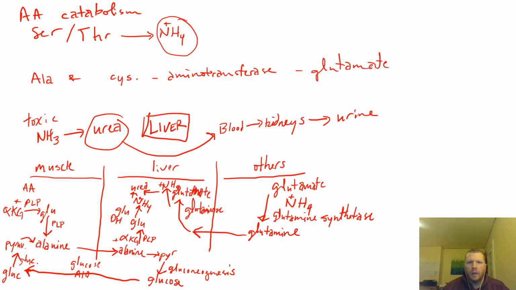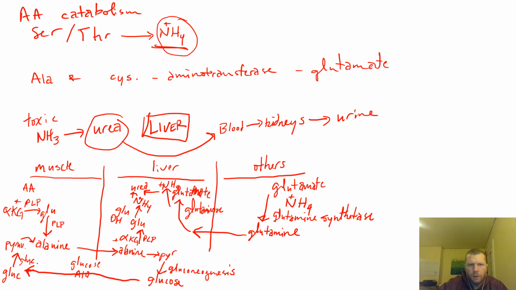So in the case of serine threonine dehydratase, well, that is going to produce free NH4. Well, can this be used in muscle tissue? Can you metabolize serine and threonine in the muscle? Yes, you can. That NH4 is going to be added onto a PLP molecule to be added to PMP, so that it can ultimately be added to alpha ketoglutarate to make that glutamate.